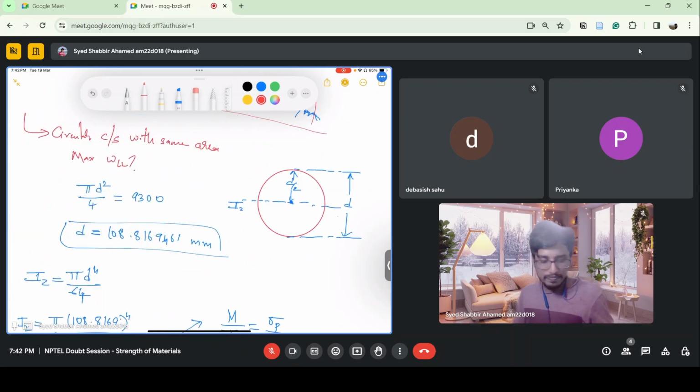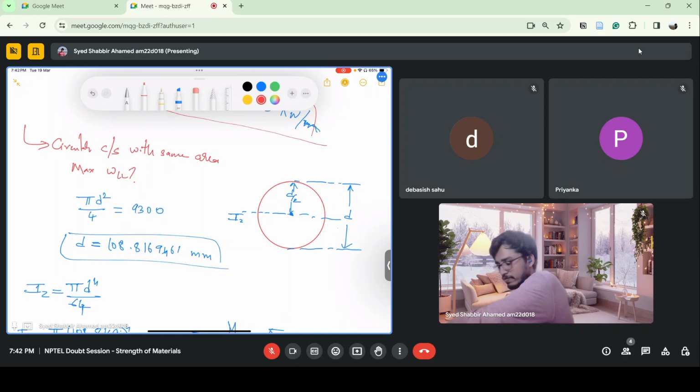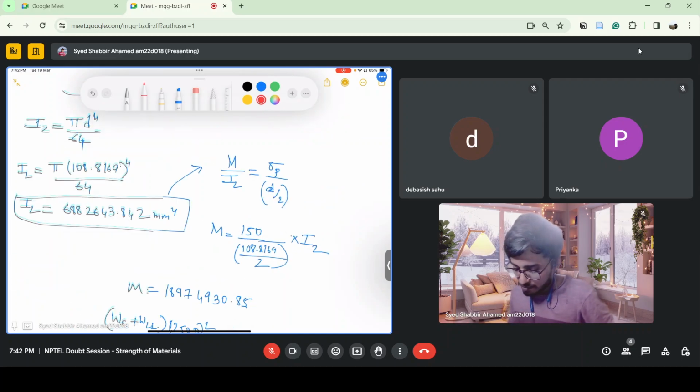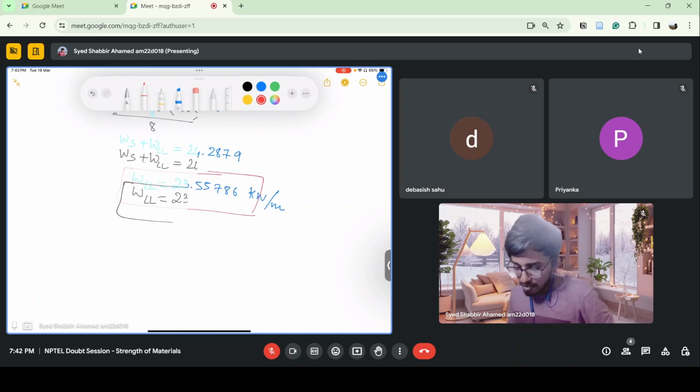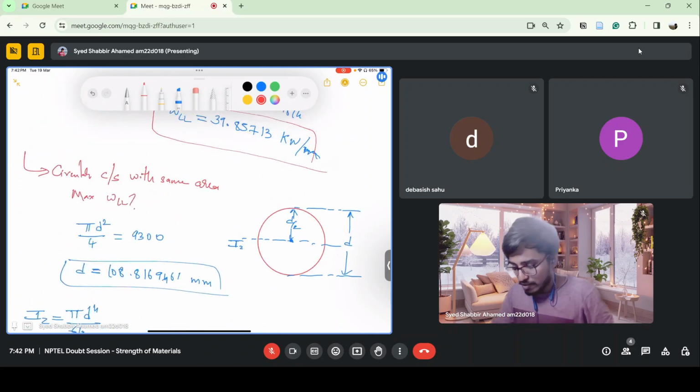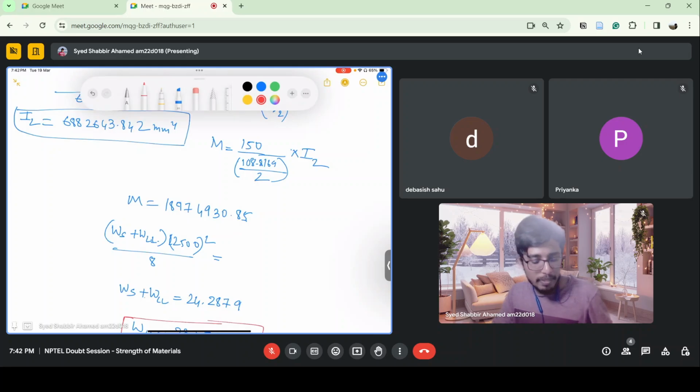So this is the maximum live load which can be applied for this circular cross section.